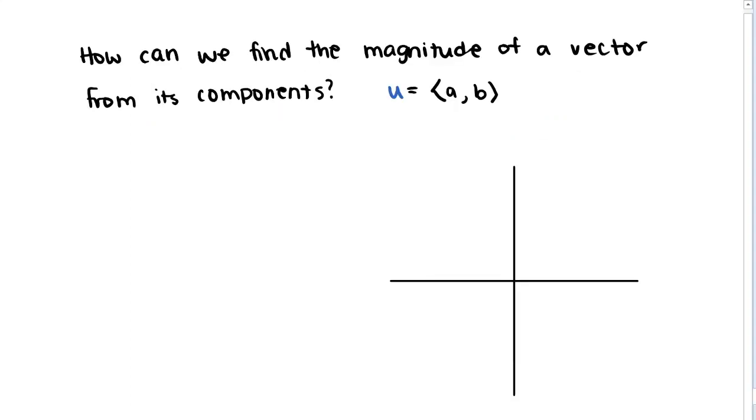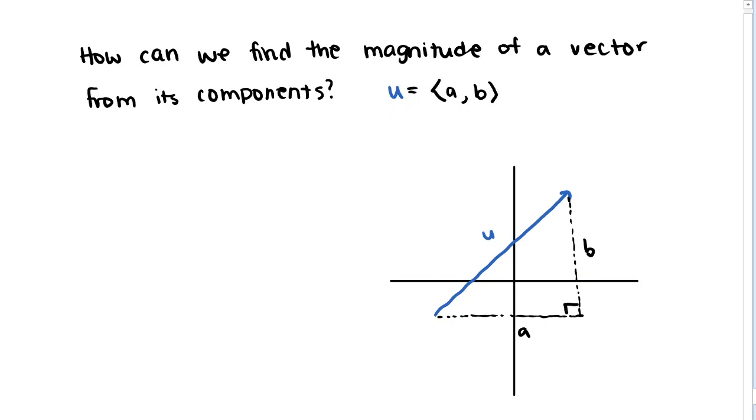So now that we have the idea of component form for a vector, we can also be a little bit more precise about what it means to find the magnitude of a vector. So here, let's say I've got some vector u, and here we can see that the horizontal component of this vector u, we'll call it a, and here's the vertical component of this vector u, I'll call that b.